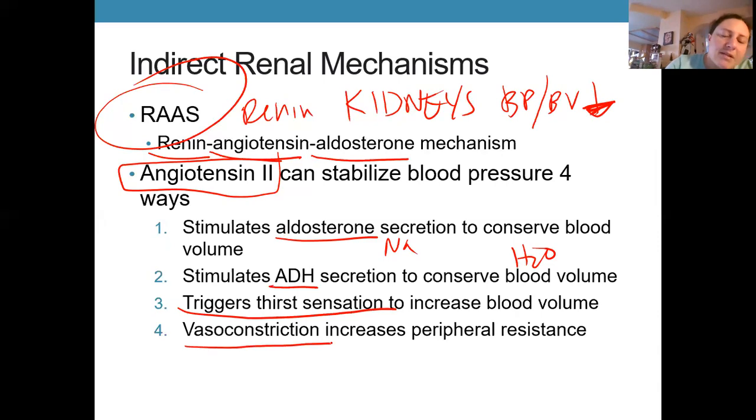And as I mentioned earlier, it causes vasoconstriction, and that's going to increase peripheral resistance and increase blood pressure as well. So this is a really powerful combined mechanism that has pretty fast and slightly long-term effects on maintaining blood pressure. And it actually starts in the kidneys because renin is an enzyme secreted by the kidneys that activates the angiotensin.